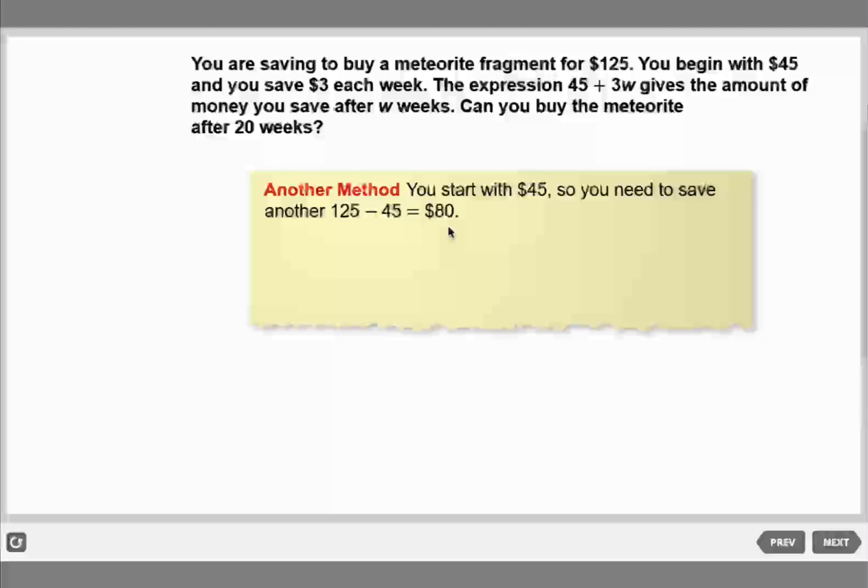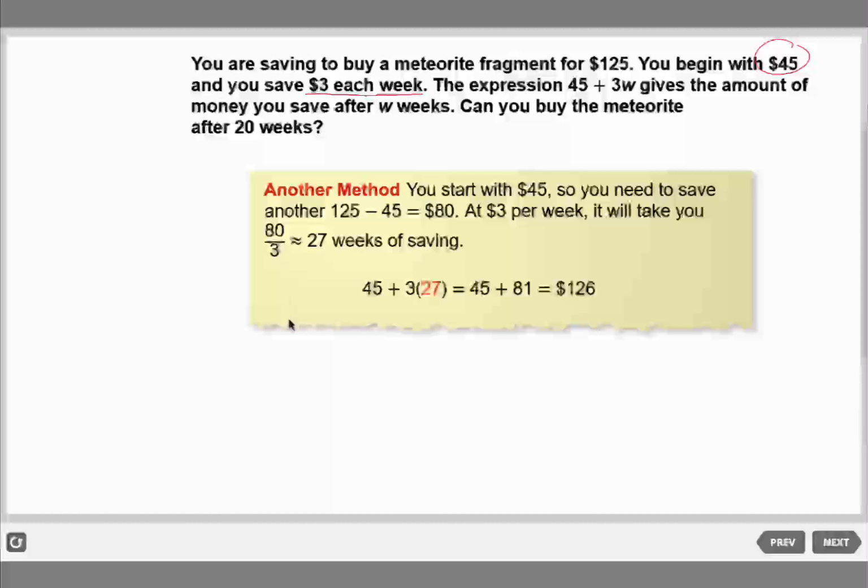Now, you save $3 each week. We need to find the number of weeks needed to get $80. So, we will divide 80 by 3. And this is approximately equal to 27 weeks. So, you need about 27 weeks to get $80.